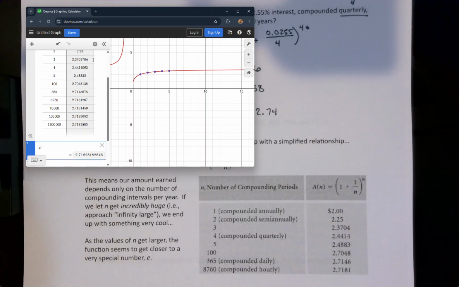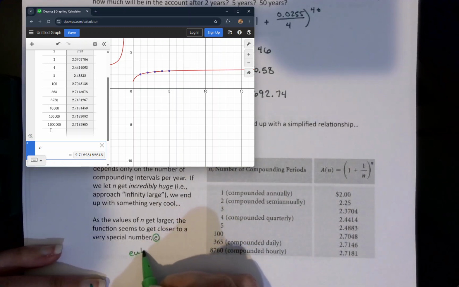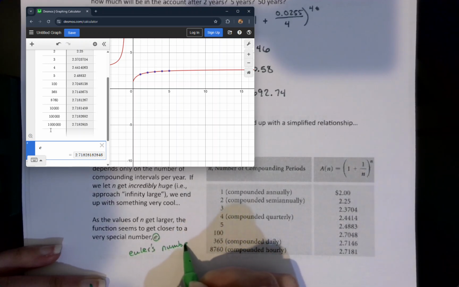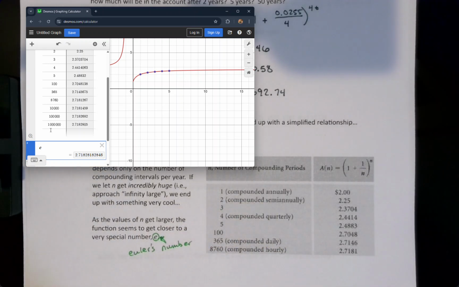The number that we're approaching is Euler's number e, and that's the number that we're getting very close to right here. And so what this demonstrates is that no matter what, if you increase the number of compoundings to an infinite number of compoundings, you'll never exceed the value e.